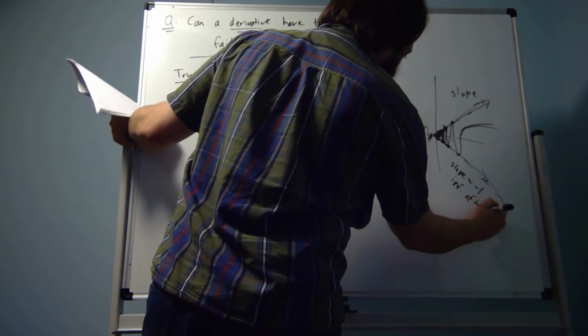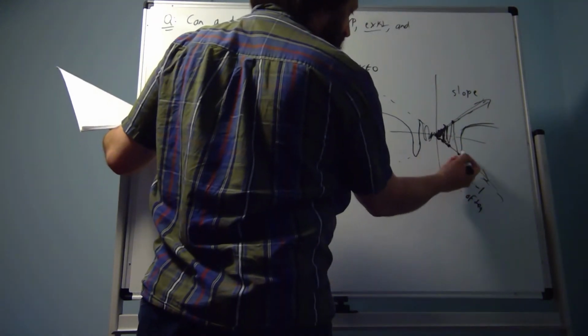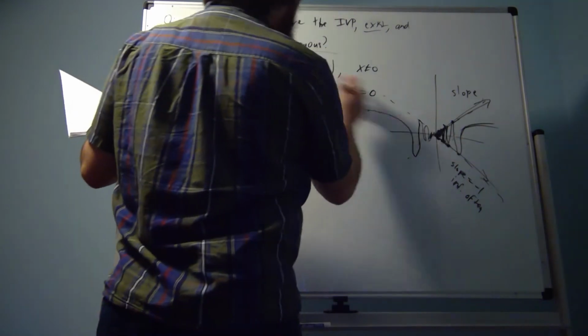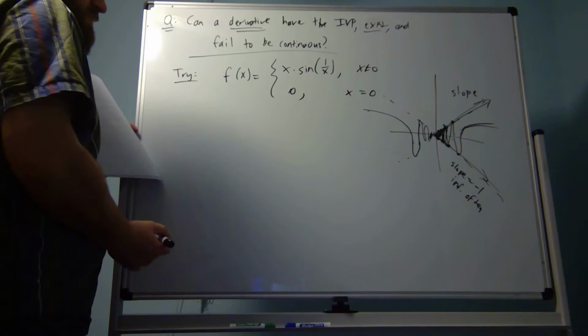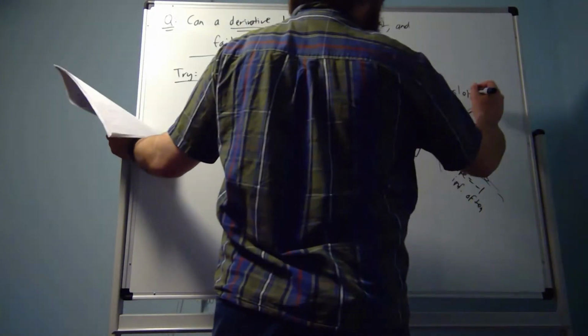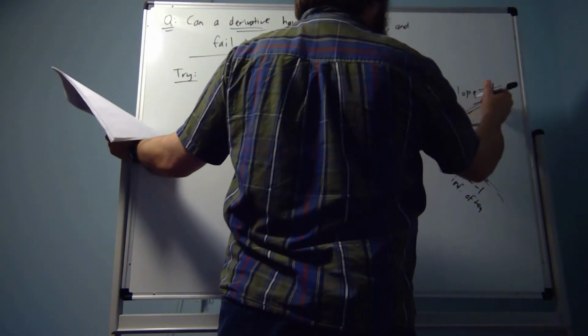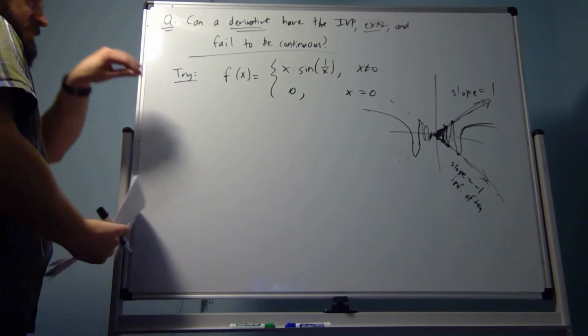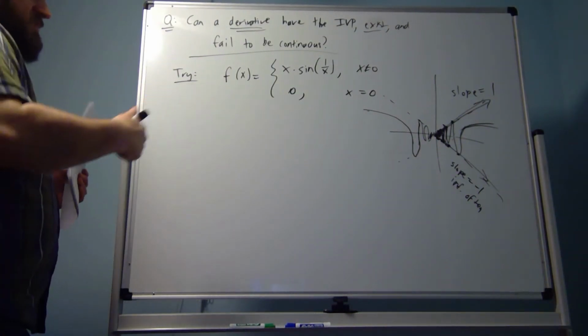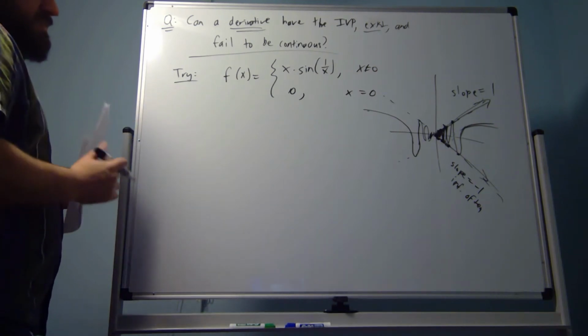infinitely often. So for infinitely often as the sample points approach 0 from the right, the secant lines infinitely often have slope +1 as x approaches 0 from the right, but you take different sample points.